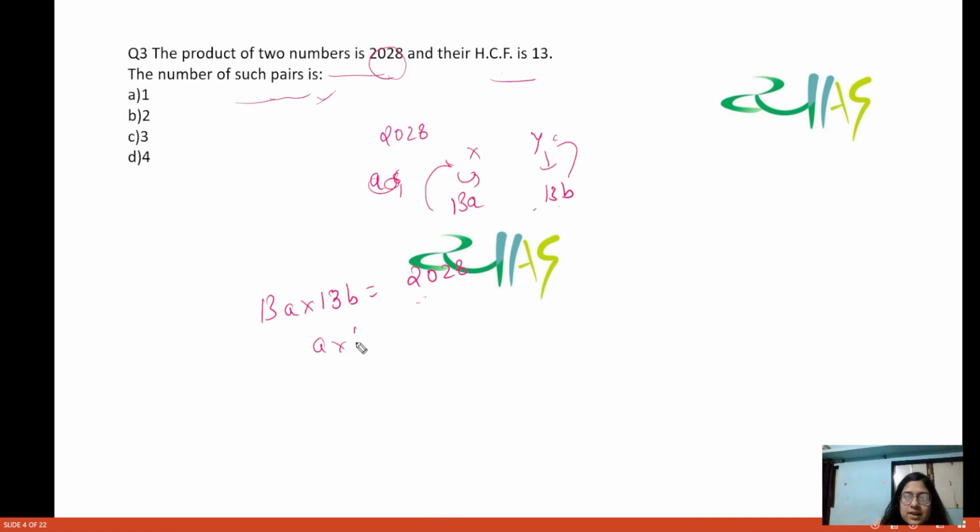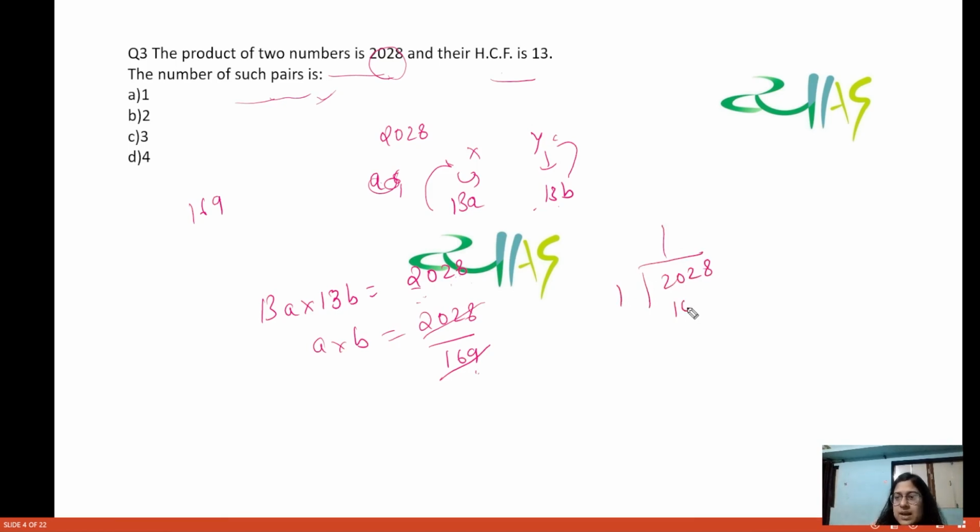So a cross b becomes what? Now what I will do here, I have to divide this 2028 by 169. I am doing this directly because यहाँ से मुझे factors अच्छे मिल जाएंगे इसीलिए. I will get the direct factors from here.